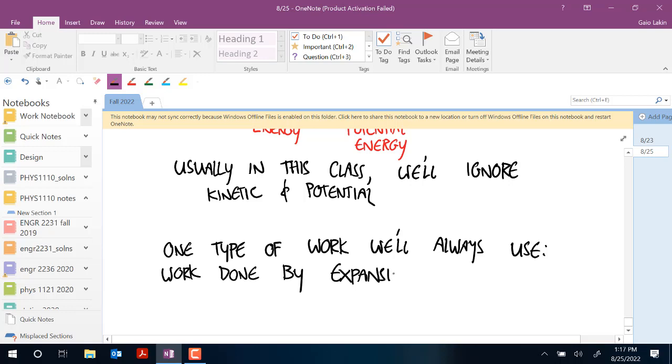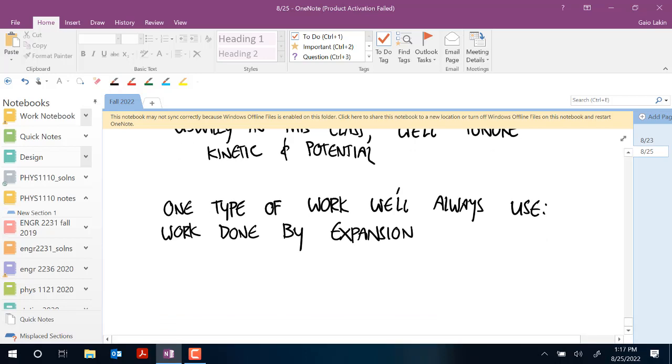This actually holds for liquids too, but they don't expand very much. Gas can expand quite a bit. And that has the form work is equal to the integral from the starting volume to the ending volume of the pressure of the gas dV.